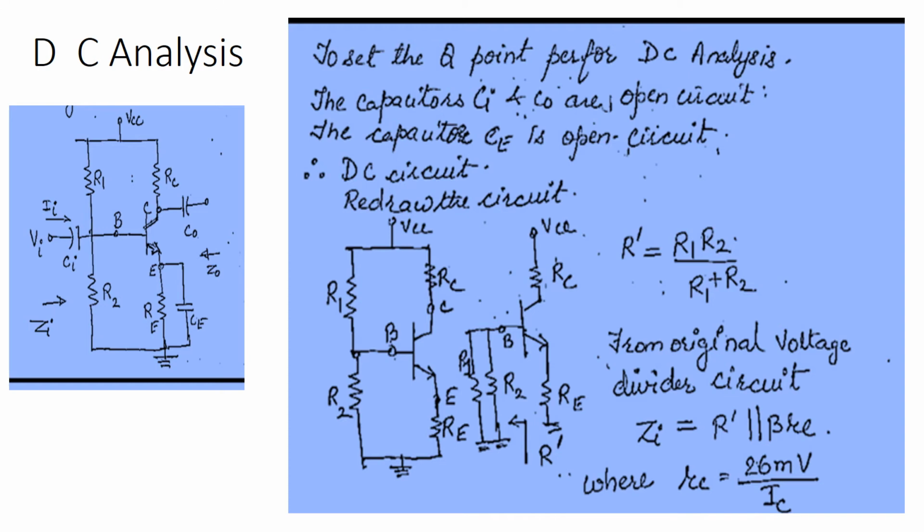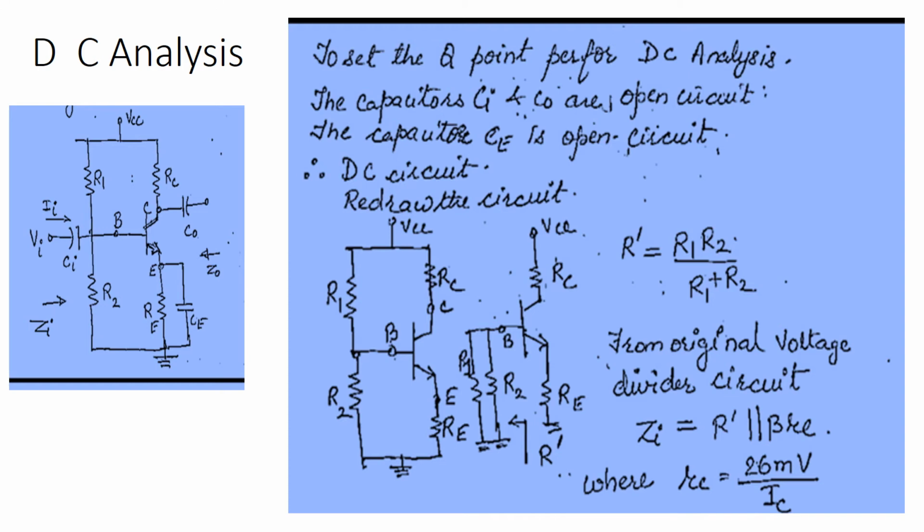So DC analysis. Here this circuit is given, and we are redrawing it for the DC analysis. Based on that, you apply the voltage divider rule, or an approximate rule, and break this down into R1 and R2 in a parallel combination.